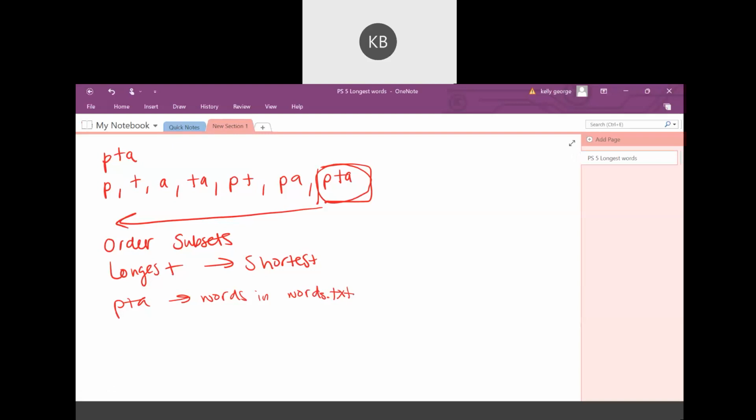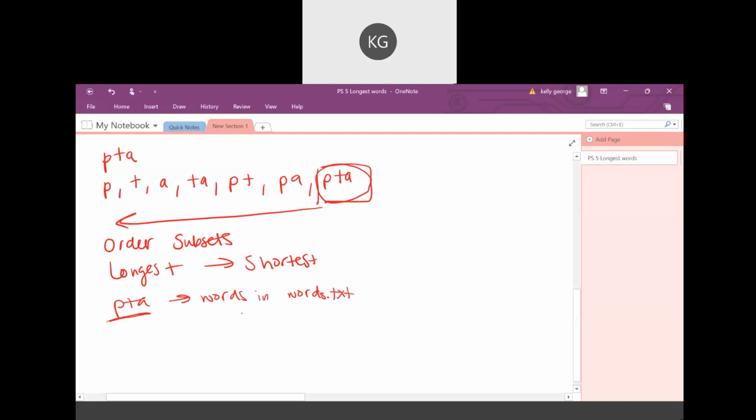I think you're saying you can skip over words that are not the same length as the subset, right? Yeah. Okay. So in words.txt, when you're looking at PTA, you don't need to look at words that are length of 2, length of 1, length of 4.